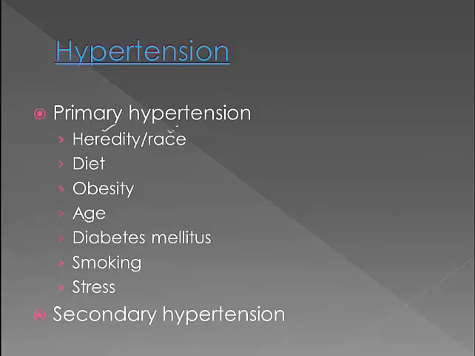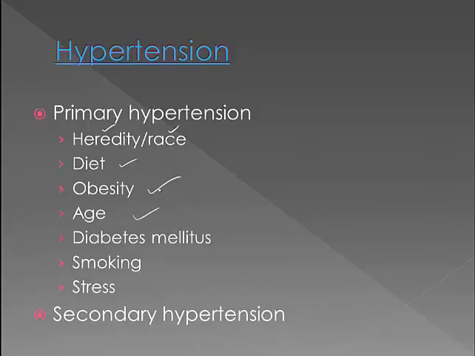Some races are more prone to hypertension than others. Diet is a big factor. So, eating fatty foods, a lot of cholesterol, that causes deposition of cholesterol plaques, which cause atheromas, and they raise the peripheral resistance and can increase blood pressure. Obesity also.